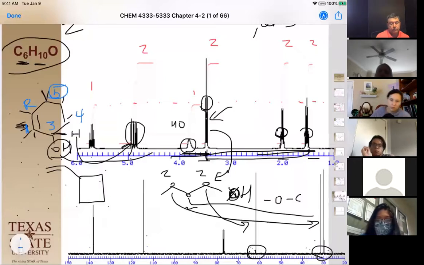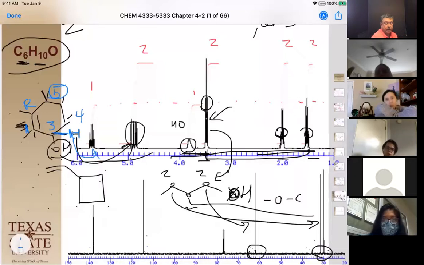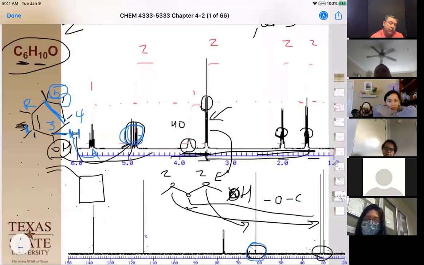It's close to 6 in proton NMR. This hydrogen right here is around 6 in proton NMR because the integration is 1. And so that would account for the extra proton here, the 2 of those, the 1 with the alcohol on it, and then these. So these 2 carbons are the same and this carbon is the same. So it's a total of 5 carbons.